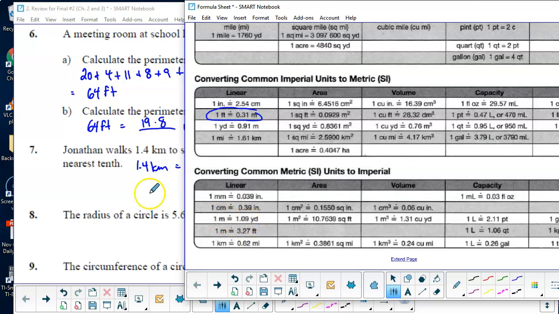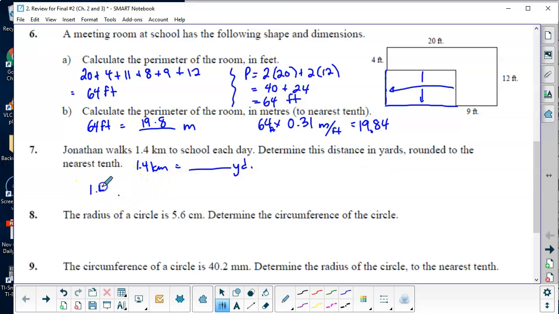So I think that's what I'm going to do, because converting 1.4 kilometers to meters is really easy. So 1.4 kilometers times 1,000 meters in a kilometer is 1,400 meters.